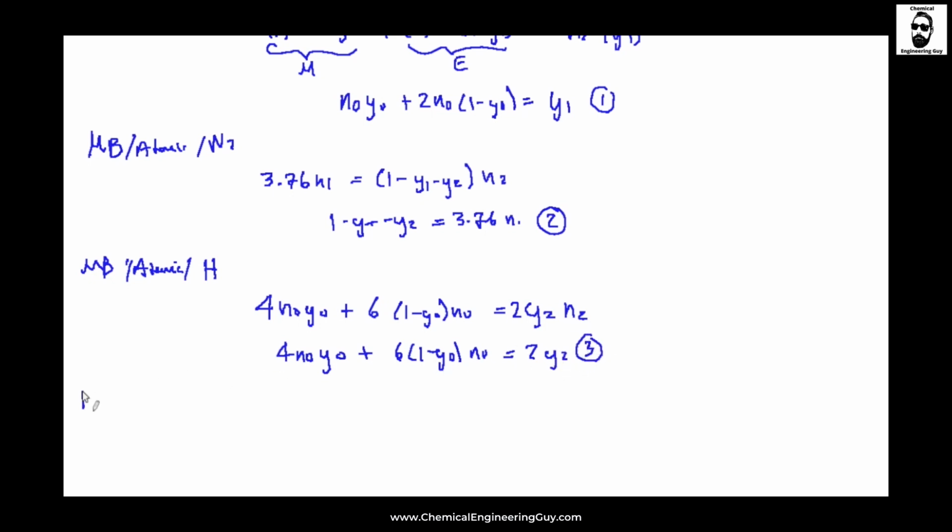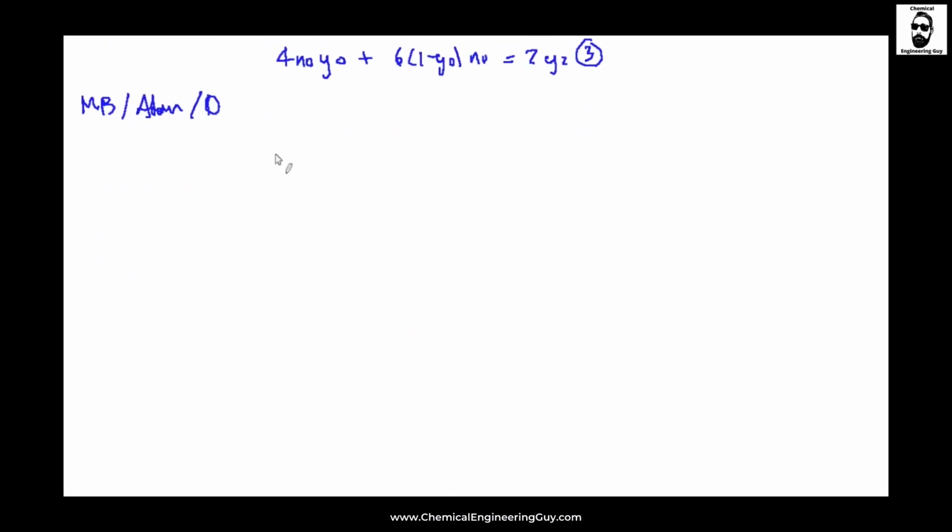And I still need one more equation so I can solve all this. We need the one of hydrogen. Now the one of oxygen. So it's 2 moles per N1, which is oxygen gas in the air. We need, how much do we have in N2?